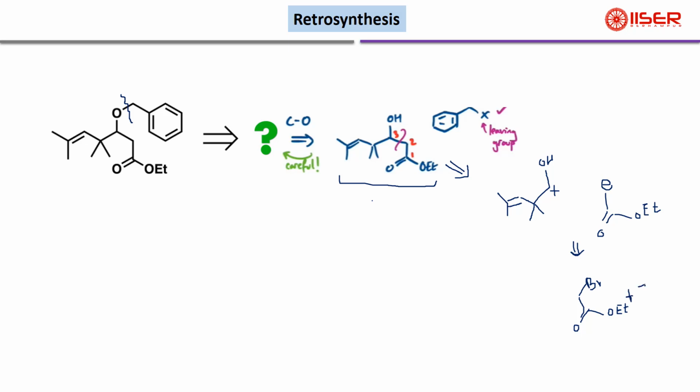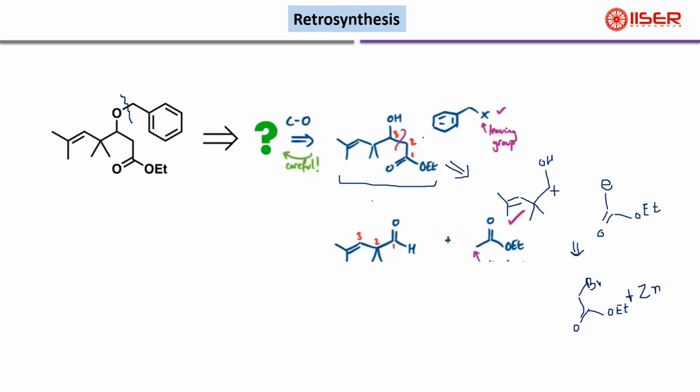It will form a zinc bromide that acts as a nucleophilic center and can attack this position. There is another probability if you just add H and there is an aldehyde.